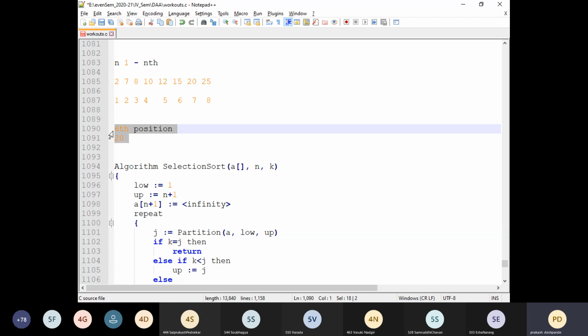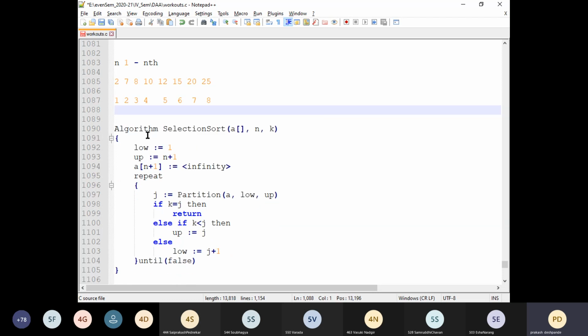Now let us proceed and understand how the algorithm works. The algorithm is basically divided into two different procedures. The first procedure defines partitioning, which finds the partition.